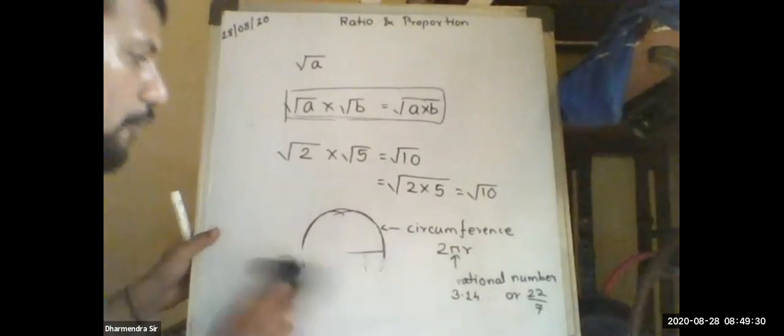Now regarding diagonal, what do you mean by diagonal? Diagonal means connecting two opposite vertices of any quadrilateral. Normally we take a square or rectangle. Suppose I am having a square, say ABCD. I am joining AC.